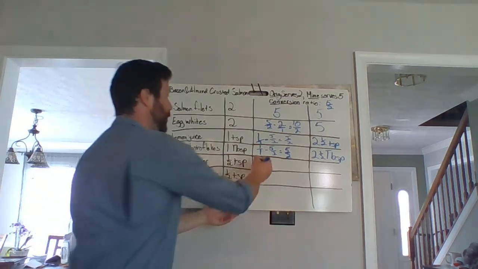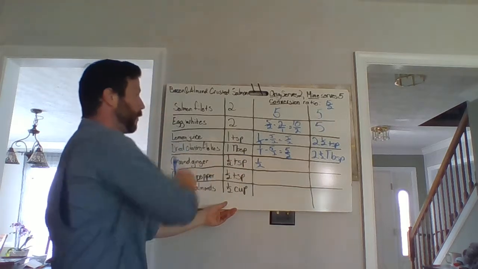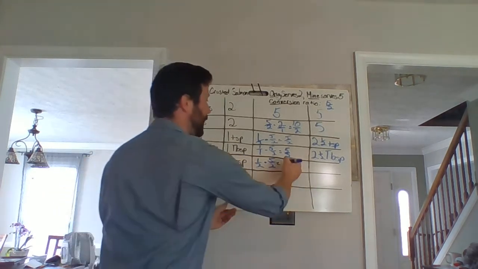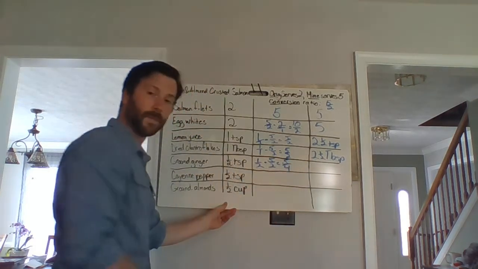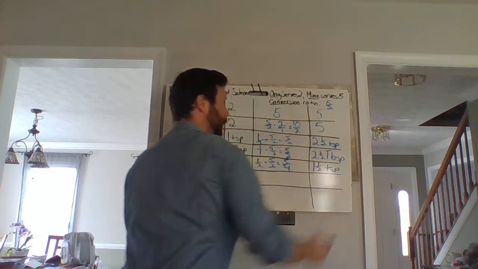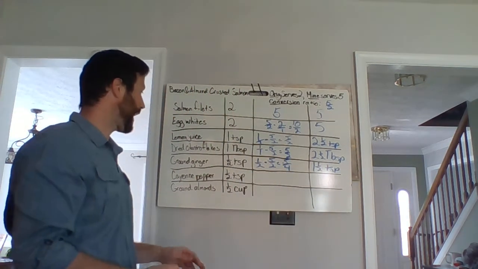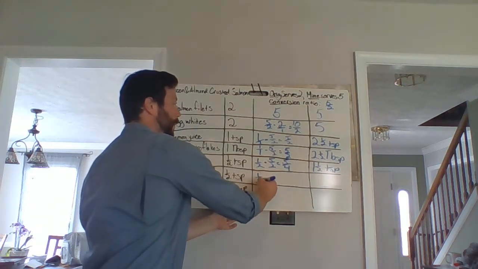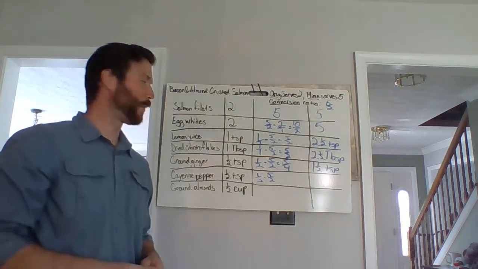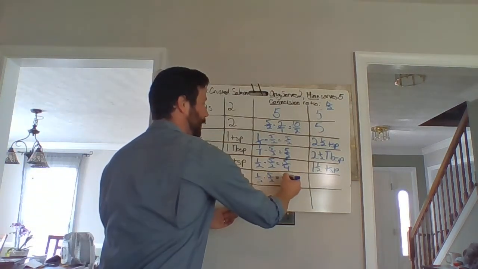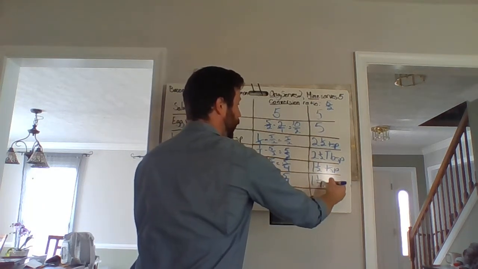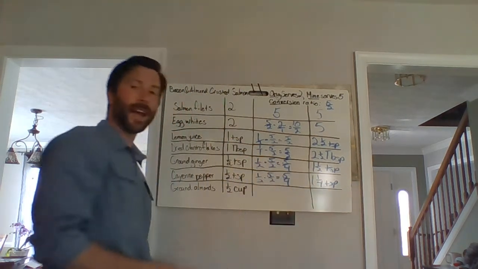I'm working on it. Okay, so now I've got 1/2 teaspoon of ground ginger times 5 halves, which gives me 5 over 4, or 1 and 1/4 teaspoons. Same thing for the cayenne pepper: 1/2 teaspoon times the 5 halves ratio gives me 5 over 4, which will be 1 and 1/4 teaspoons of cayenne pepper.